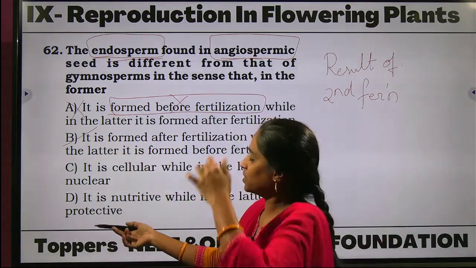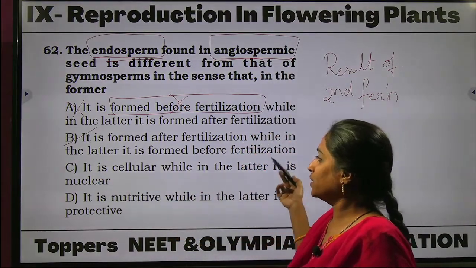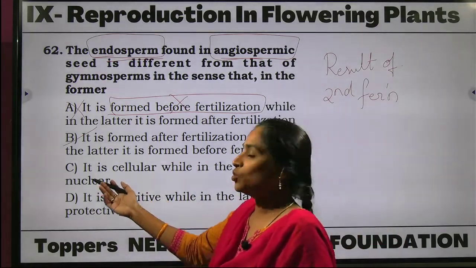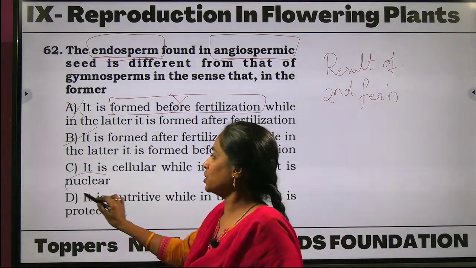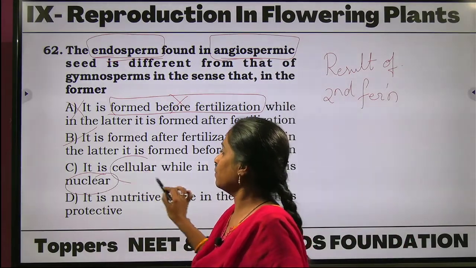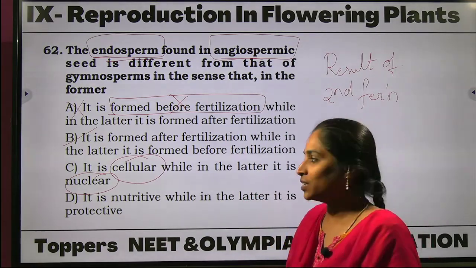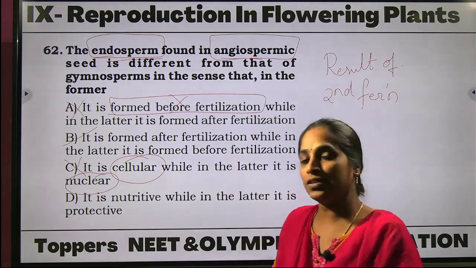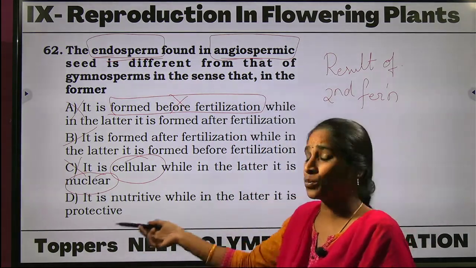Let us see options C and D also. It is cellular, while in the latter it is nuclear. Before forming the cell, the nucleus division happens and the cell is completely developed by the division of a nucleus. This is also the wrong option. Coming to option D, it is nutritive, while in the latter it is protective.